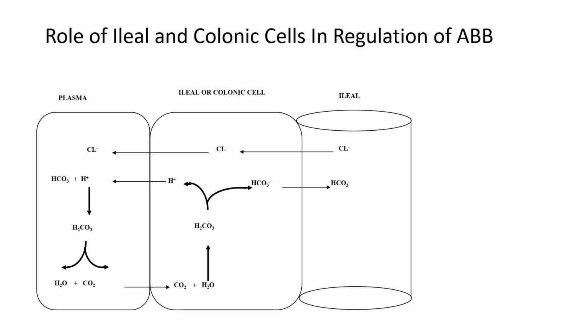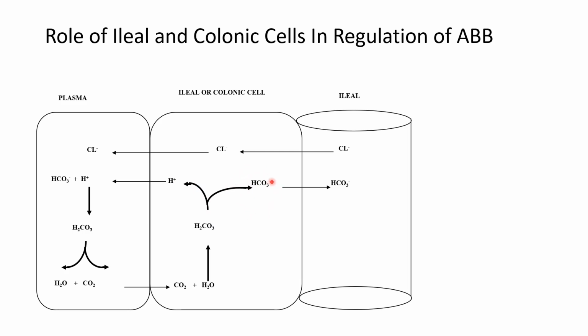The ileal and colonic cells are responsible for the synthesis of bicarbonate in the ileal and colonic mucosa. And the process is a reversal of what happens in the gastric parietal cells. The process usually begins within the ileal and colonic cells, where carbon dioxide from cellular respiration dissolves in water to form carbonic acid, which dissociates into bicarbonate and hydrogen ion.